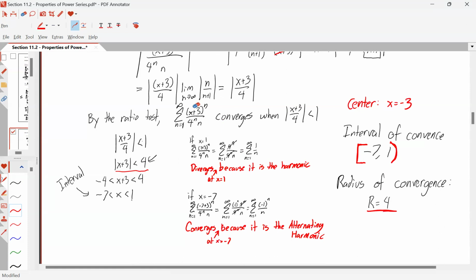So, since we have a center of negative 3, because of the x plus 3, getting down to negative 7 or up to positive 1 is a distance of 4 from our center of negative 3. We will formalize in the next video all of these rules for what our interval of convergence or radius of convergence can be.